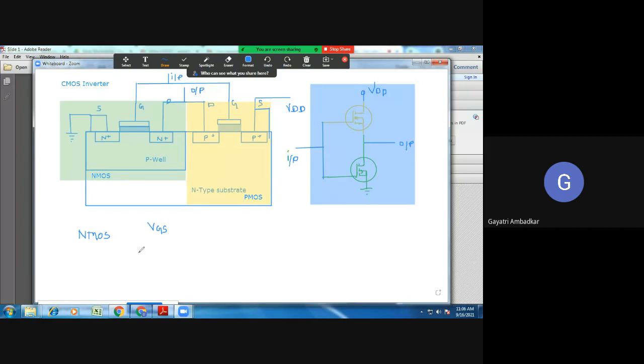Should it be 0, positive or negative? Greater than VT, but positive or negative? Positive. Okay.